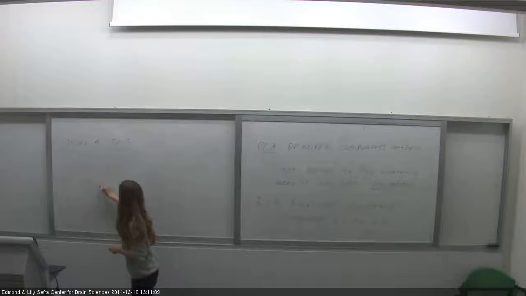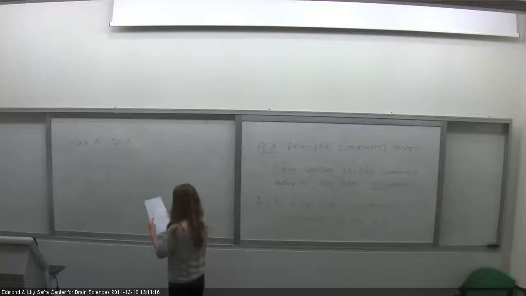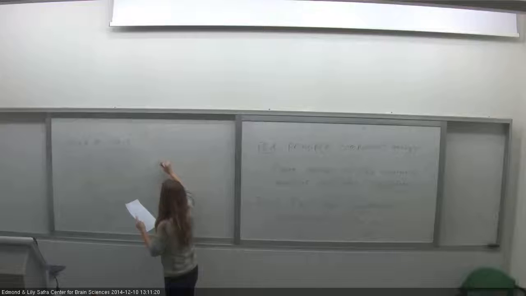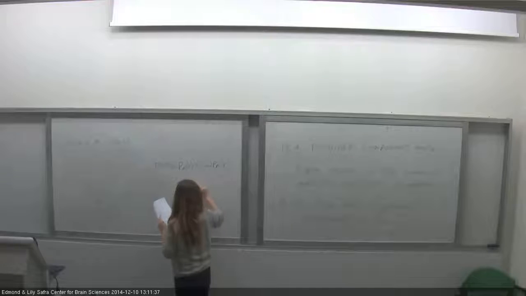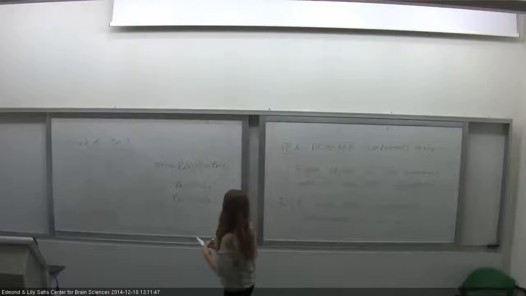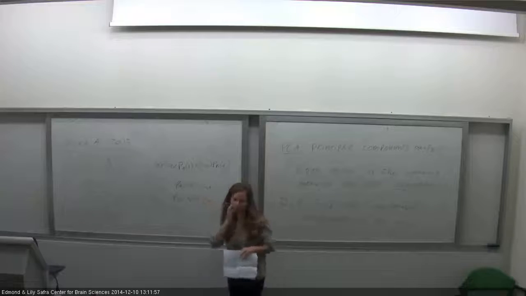These are points, and the data comes from the following probability function. What we have here is R1, R2.